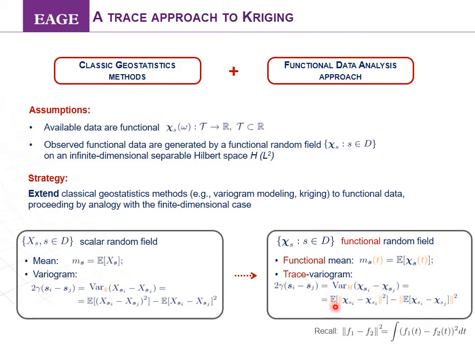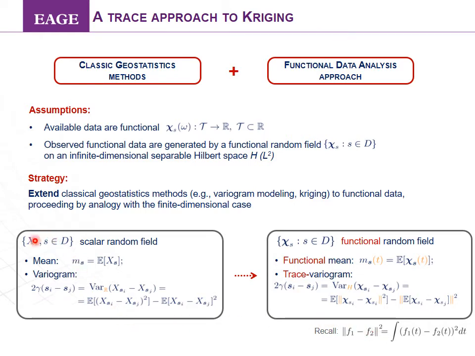Since we have defined distances or differences by this least square norm, remember that the distance between any two functions, which is equivalent to the distance between two scalars, is defined as this integral here. And so we get an immediate extension of this idea of the variogram to a variogram of these functions simply by using the distances as defined for these functions.